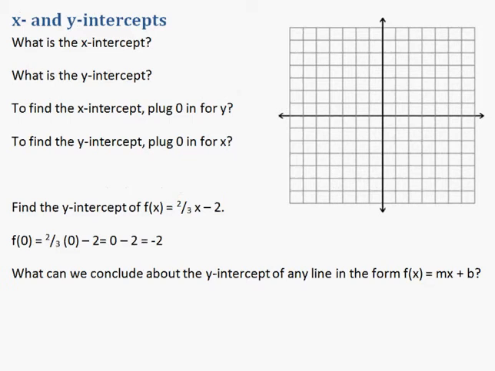Let's look at something else about lines, and really all functions. We have what are called x-intercepts and y-intercepts. An x-intercept is where a graph, a line, or other function, crosses the x-axis, and then y-intercepts are where a line crosses the y-axis.